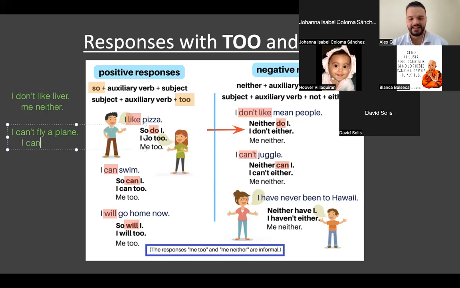I can't either. Excellent, very good. I can't either, right? Because it's negative. Remember that we're going to use too for affirmative. For negative, neither or either. Excellent, guys.